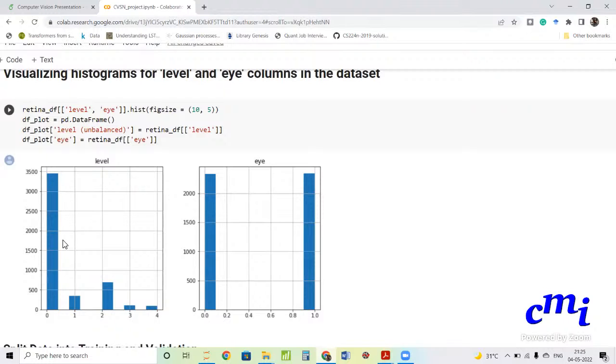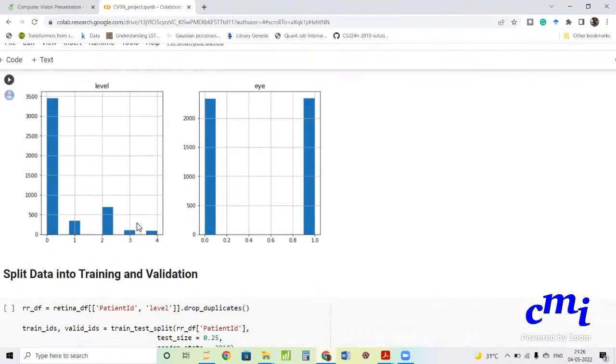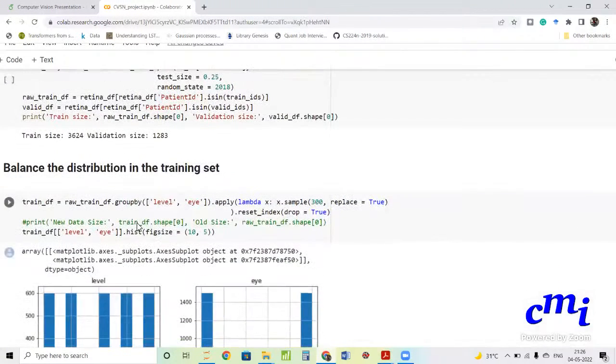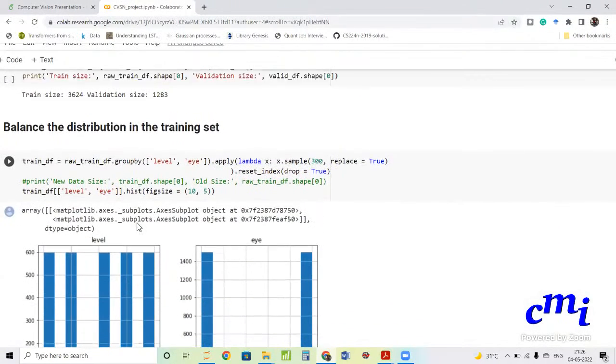The normal case, where there is no diabetes, has the maximum number of instances compared to other classes. As a result of this skewness, our results might be biased. That's why we try to balance the distribution of the training data set.